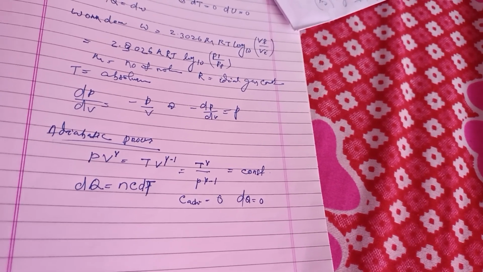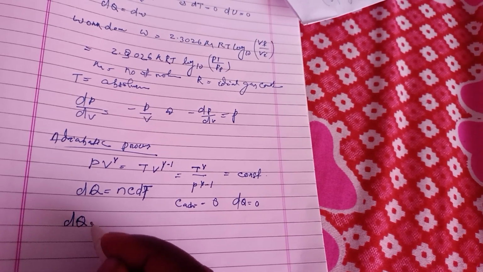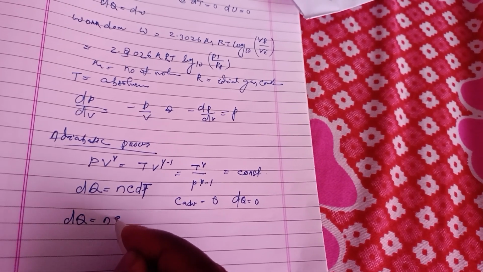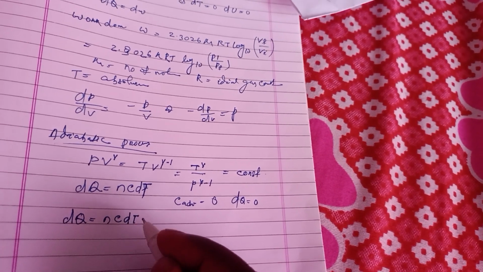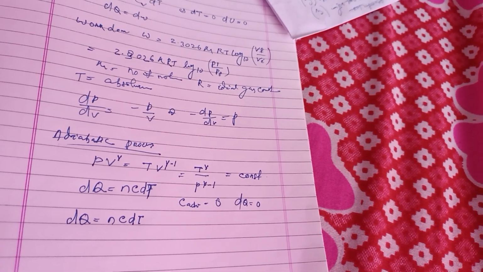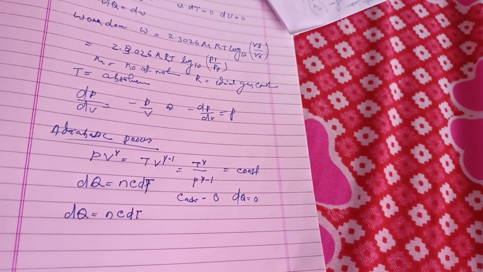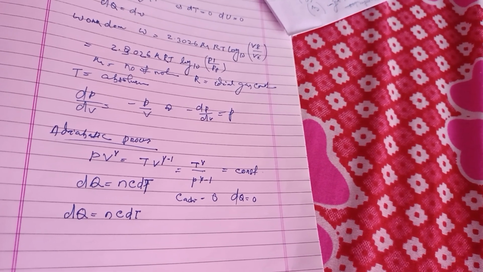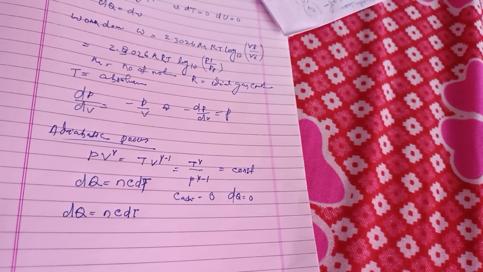From the first law, dQ = nC dT. Work done by the system is equal to the decrease in internal energy.